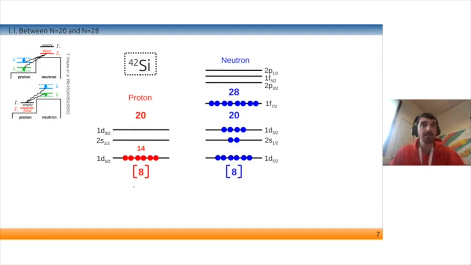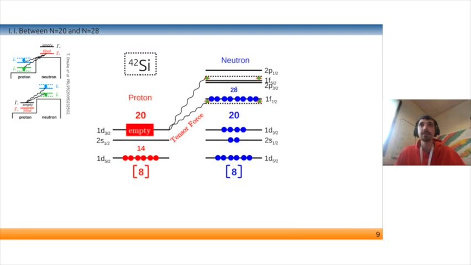Here, in the d3/2 proton orbital, we don't have any protons. That implies some interactions on the neutron orbitals, where the neutron f7/2 and f5/2 will be compressed, to the benefit of a reduction of the N=28 gap.